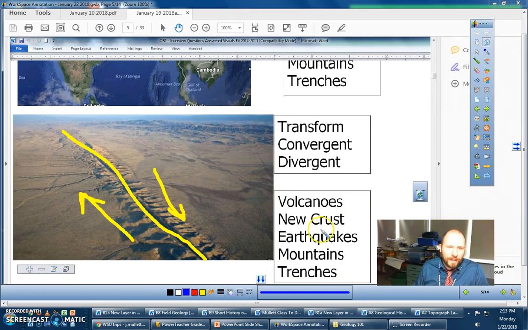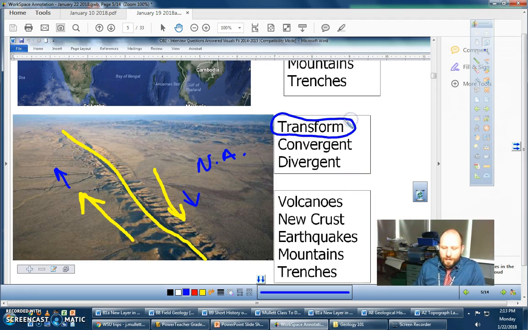All right, final boundary type. We have the San Andreas Fault right here, so this is California, okay? And this would be the North American plate, and this is, is it the Pacific plate or is it the Nazca plate? I can't actually remember which plate it is. But this plate is moving north, this plate is moving south, and so the big thing here is this is going to be called a transform boundary.